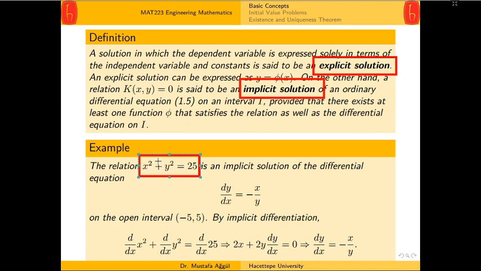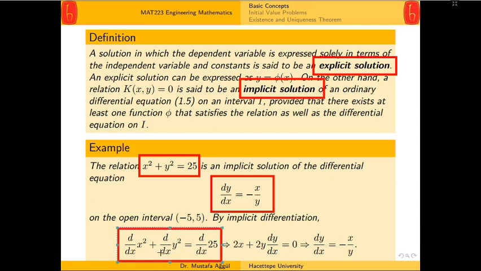So x squared plus y squared is equal to 25 is an implicit solution of the differential equation. How can we verify that? If we take the derivative with respect to x on both sides, we will see the derivative of the first term, second term, and after the equal sign. So this is 2x plus 2y dy/dx.